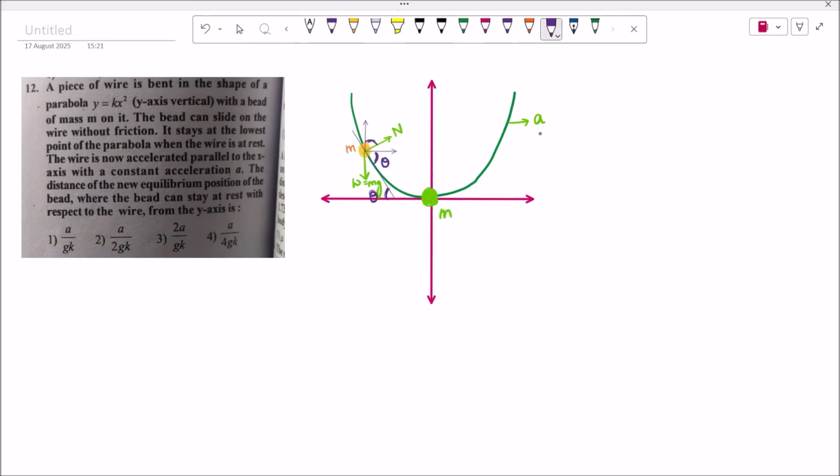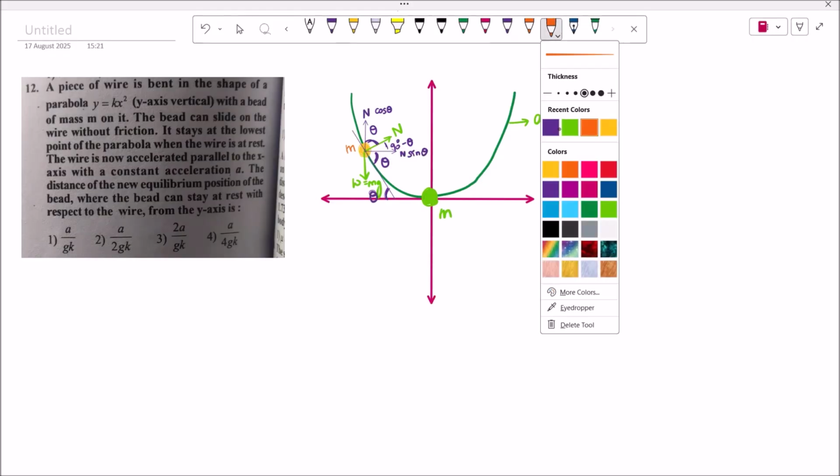And this will also be theta, because here it will be 90 minus theta; between the vertical and horizontal axis the angle is 90 degrees and the remaining is theta. So obviously this component will be n cos theta and this will be n sin theta.